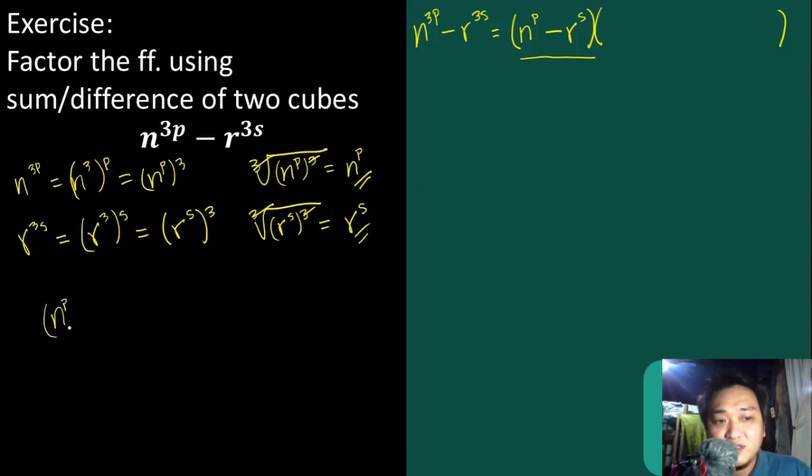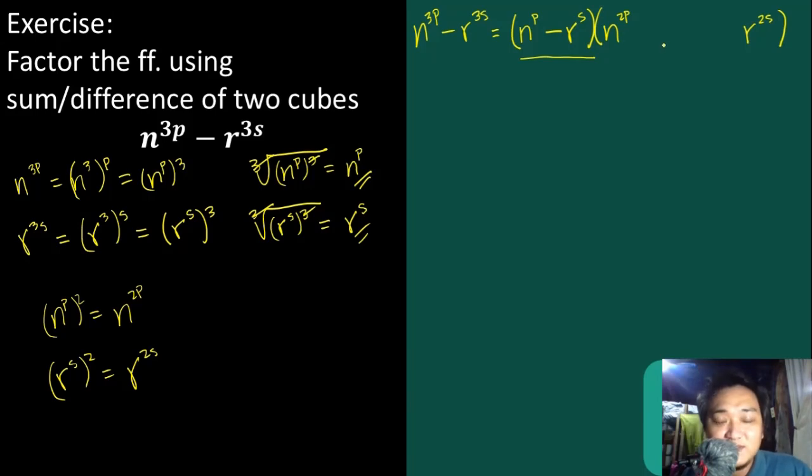N raised to p squared will be n raised to 2p, as well as the square of r raised to s, that will be r raised to 2s. So n raised to 2p sa kabila, r raised to 2s. Regardless of the sign lang muna ha. Huwag muna nating pansinin yung sign.